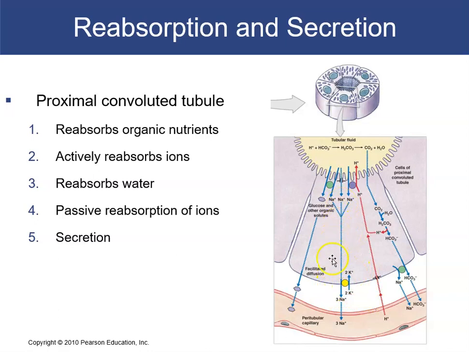So we're actively reabsorbing sodium, but look at this, we're secreting potassium. We're going to reabsorb water. That's not shown in this picture. We can passively reabsorb other ions. That's happening over here with bicarb ions. And then secretion. Hydrogen ions can be secreted here. Potassium ions are secreted in this portion.